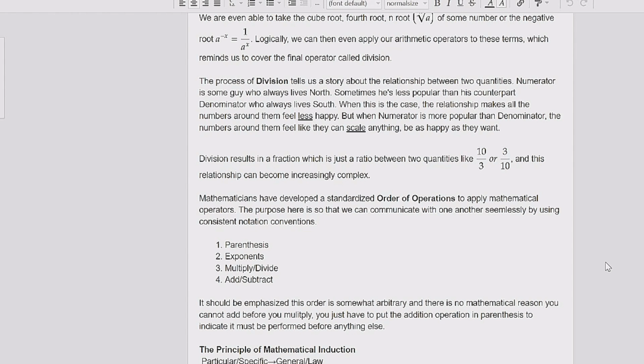There's no mathematical reason you can't add before you simplify an exponent or before you multiply or divide. The key is you just need to put it in parentheses first to tell your reader, your audience, that you want to add or subtract first. That is how we have decided to standardize our communication of our arithmetic operations. But there is no mathematical reason why you can't add or subtract before doing multiplication or division, for example.